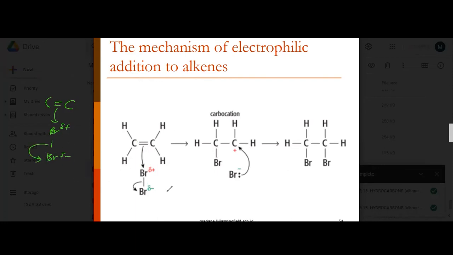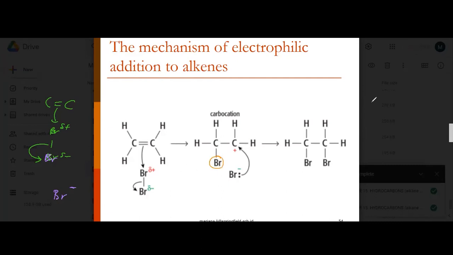So after the heterolytic fission, I will use the purple one here. The purple Br will have a negative charge. This is an ion. You know the heterolytic fission gives an ion, right? How about the Br that was attacked by the C double bond? It will make a new bond with the C.